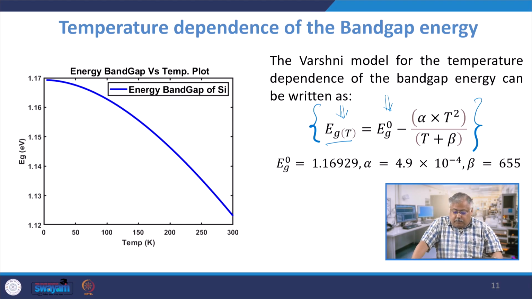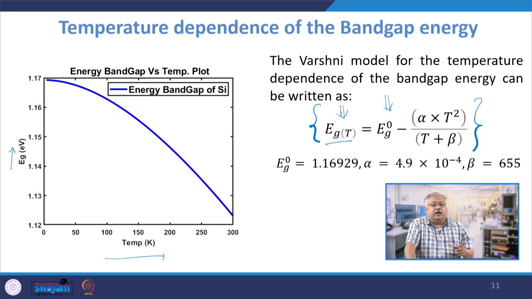Now, if you plot this Varshni model, on the y axis you have the band gap Eg and on the x axis the temperature. At T equals 0, it is the highest, let us suppose 1.17, but as you make the temperature go higher and higher, the band gap starts to fall, and at 300 Kelvin it is 1.12. You might be asking, it is not a big change, 1.17 to 1.12.